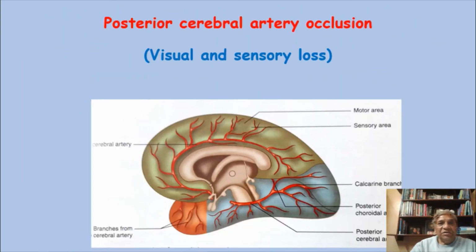Let us come to the last cerebral artery, that is the posterior cerebral artery occlusion, and here the main functional area to be supplied is the visual area, visual cortex, area number 17. So the posterior cerebral artery supplies the cerebral cortex surrounding area 17, that is areas 18 and 19.